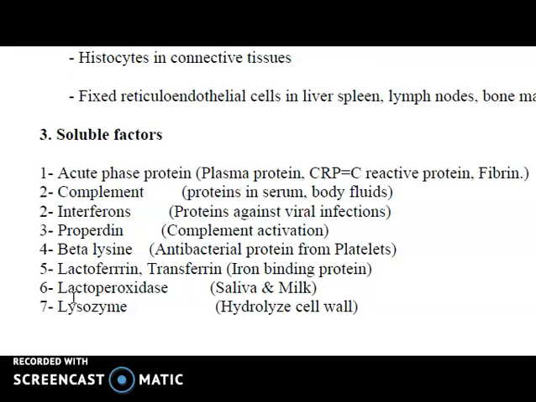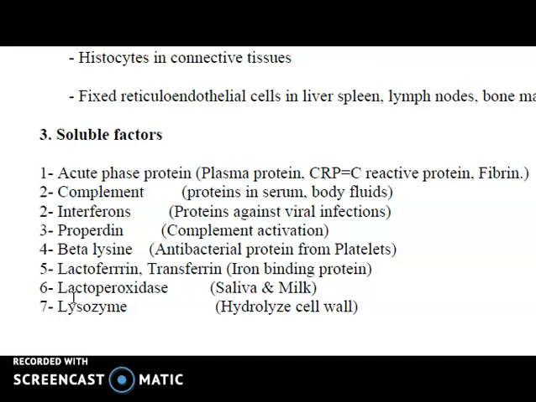Then next are the acute phase proteins. These acute phase proteins are a heterogeneous group of plasma proteins mainly produced in the liver as a result of microbial stimulus. They include C-reactive protein, that is CRP, then serum amyloid protein, that is SAA, and mannose binding protein, MBP.